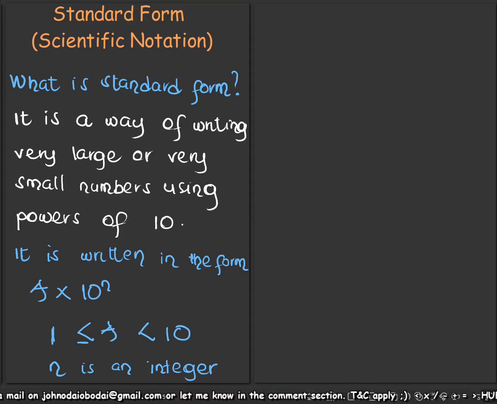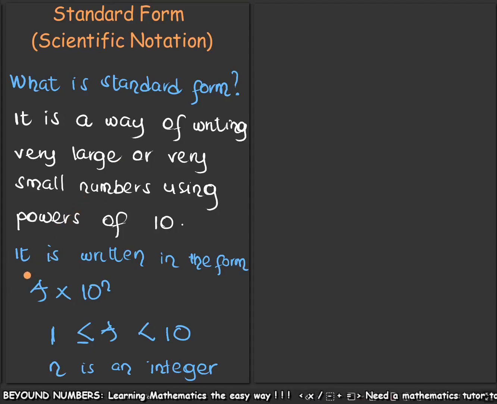Apart from these numbers, the first digit cannot be any. If it is any apart from these that I have mentioned, then the number hasn't been written in standard form. Then the power over here, which is n, can be any integer at all. Any integer. So that is standard form.